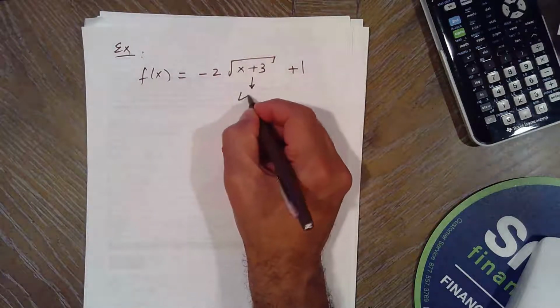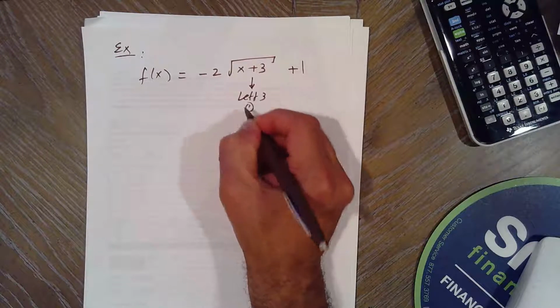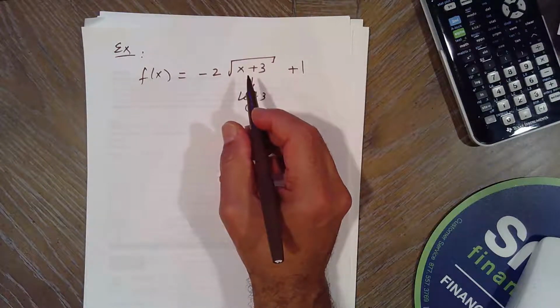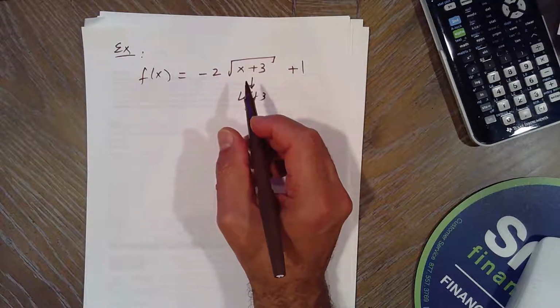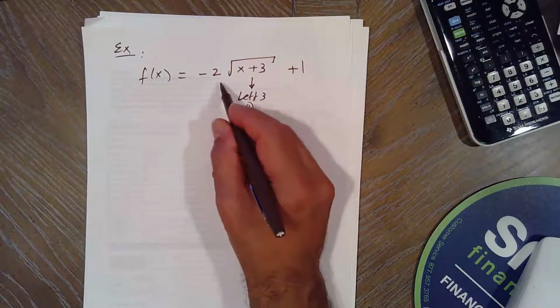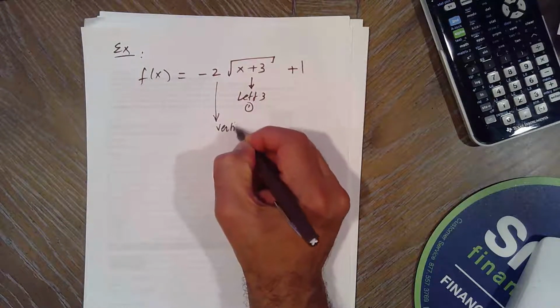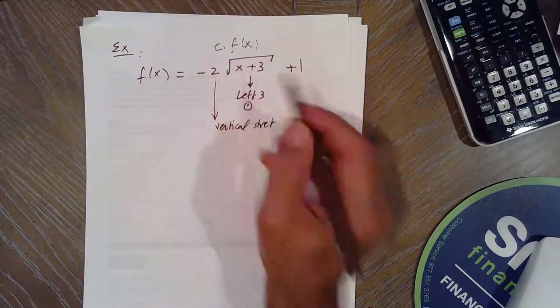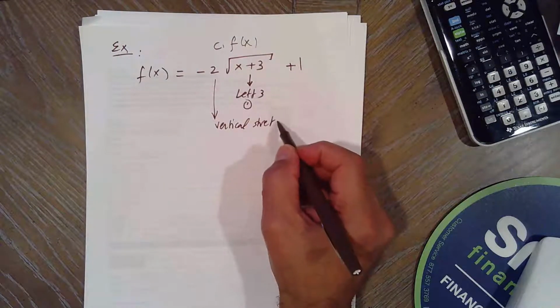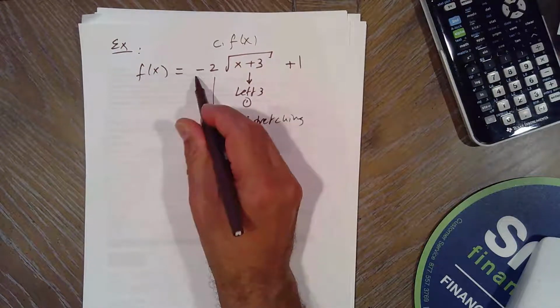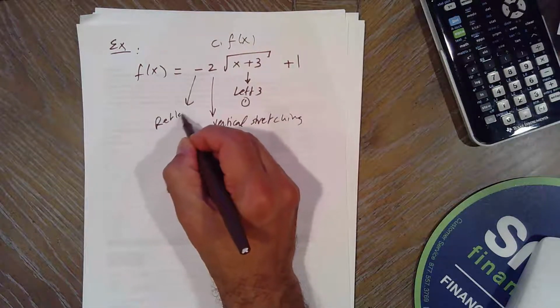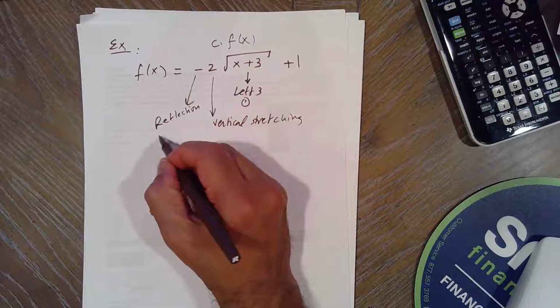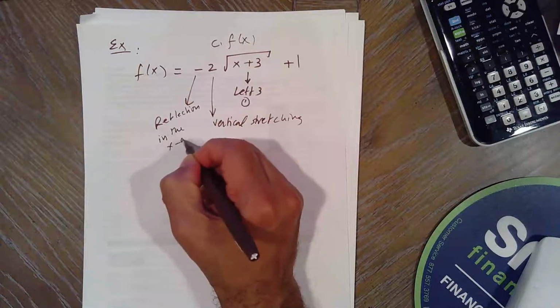So we're going to do left 3. That's the first thing we're going to do. Then we're going to do the vertical stretching, because like c f of x, and c is greater than 1. And then the negative is a reflection, negative f of x, in the x-axis.